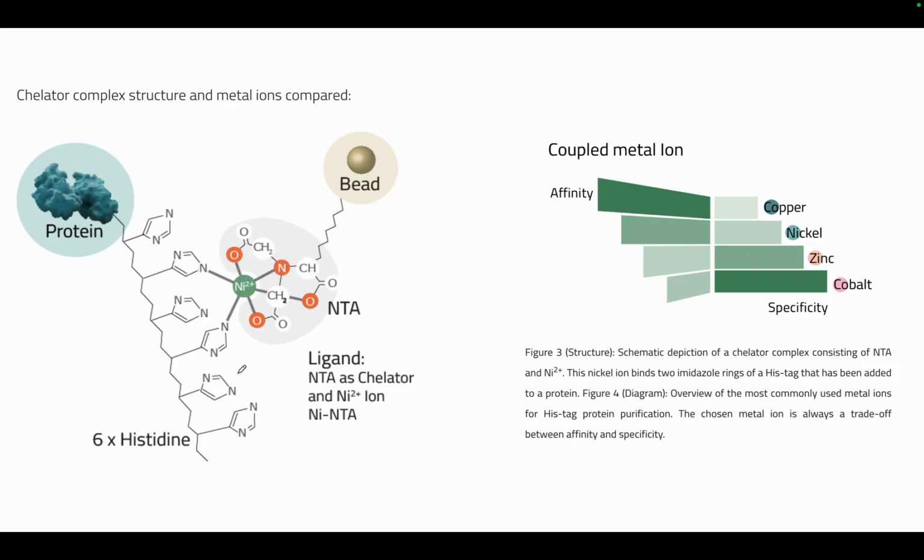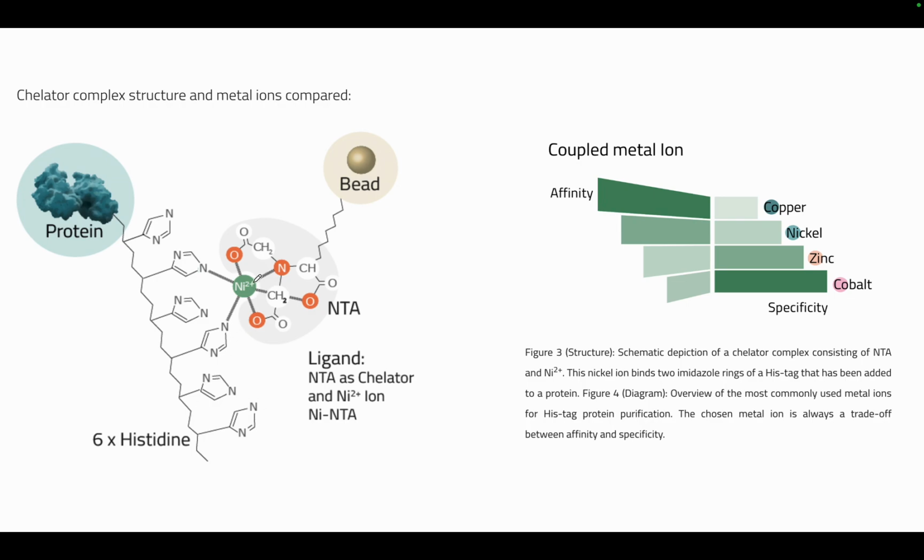This is a 6x His tag. So it is not detecting one histidine, it is detecting 2 histidines separated by a specific distance. Every protein in your mixture will probably have histidine, but not every protein will bind to the column for this reason. It's detecting a specific spatial arrangement of those 2 histidines.